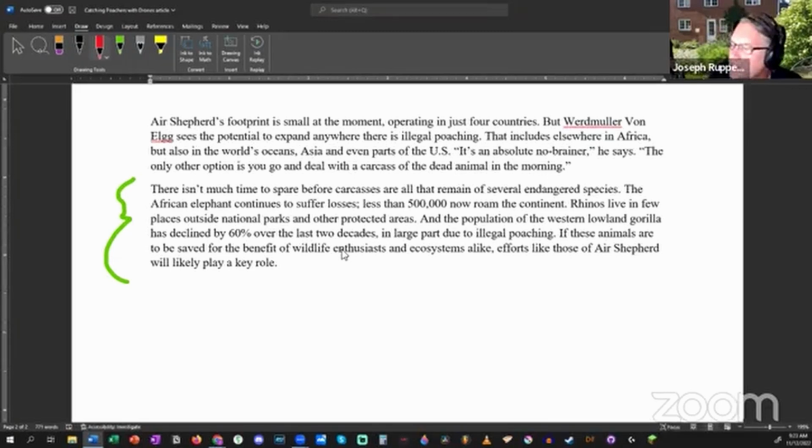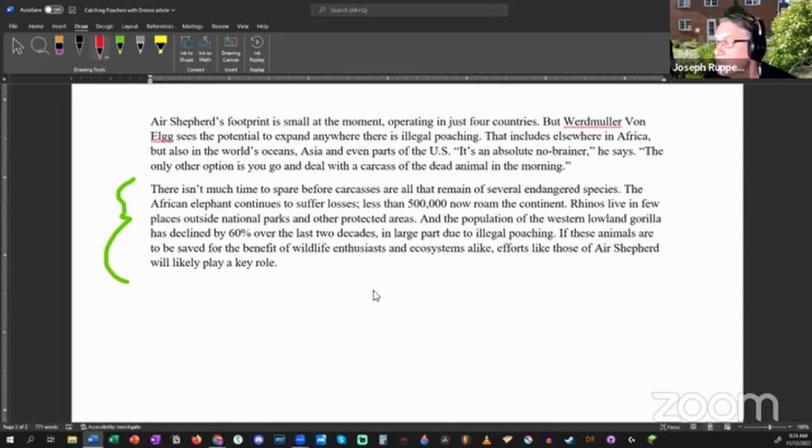There isn't much time to spare before carcasses are all that remain of several endangered species. The African elephant continues to suffer losses. Less than 500,000 now roam the continent. Rhinos live in few places outside national parks and other protected areas.